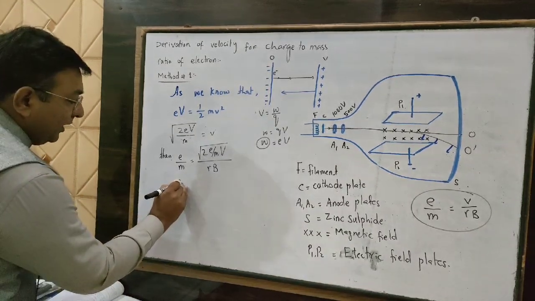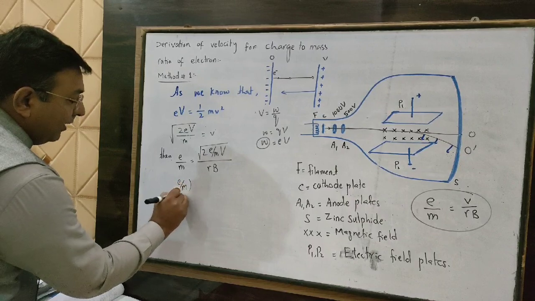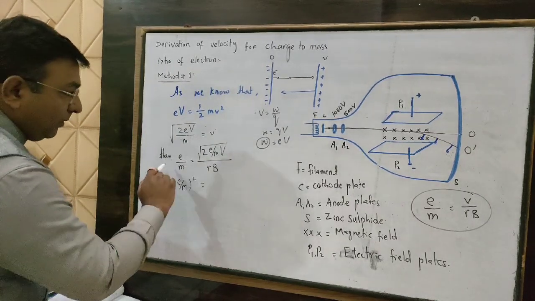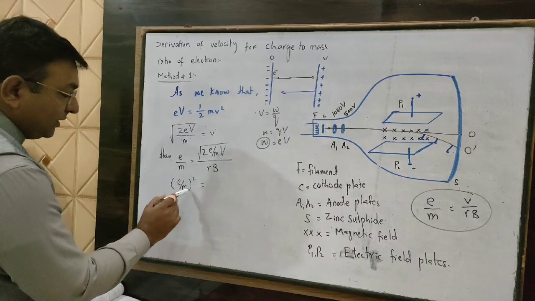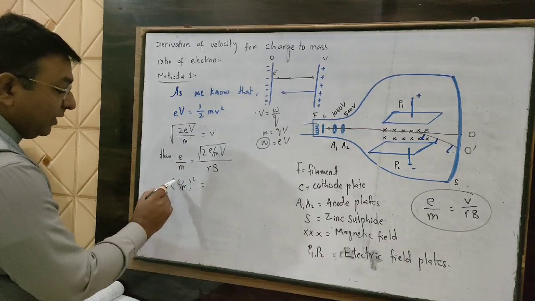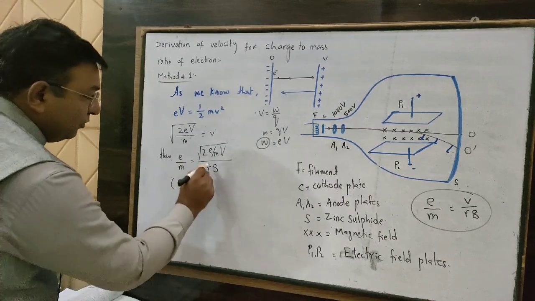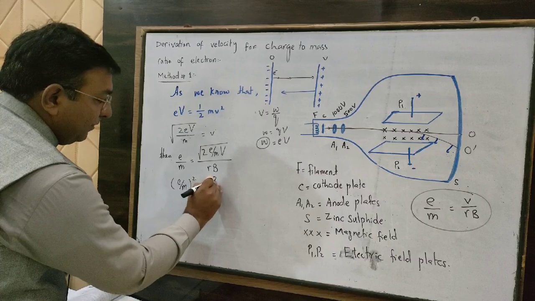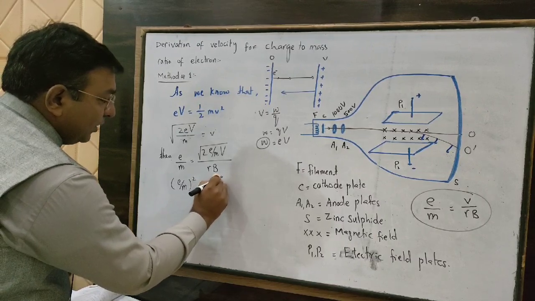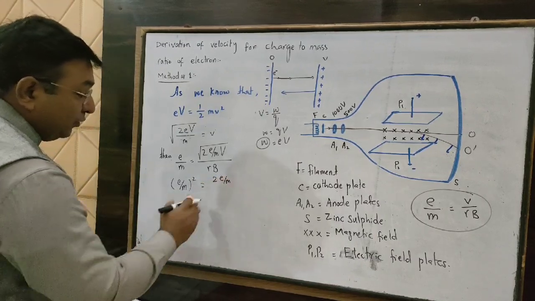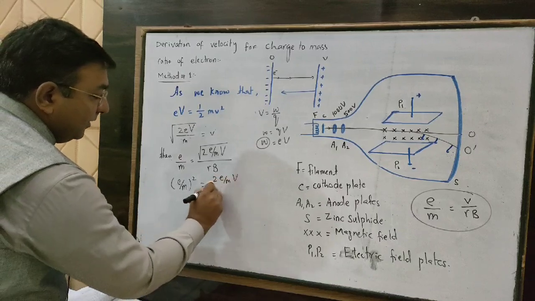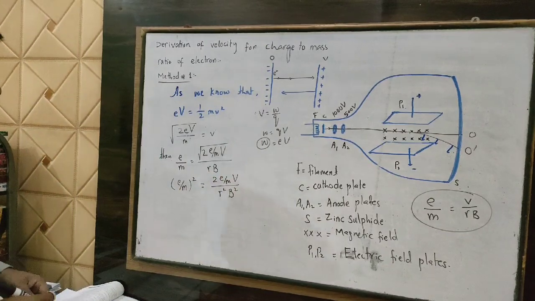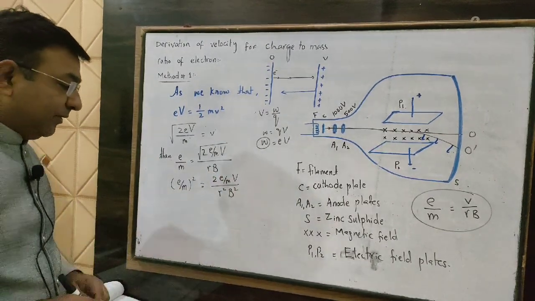For example, (e/m)² is equal to, if we square both sides, on the left side (e/m) whole squared, and on the right side the square root is cancelled by the square, so 2V/m upon r²b². The remaining answer will appear in this form.